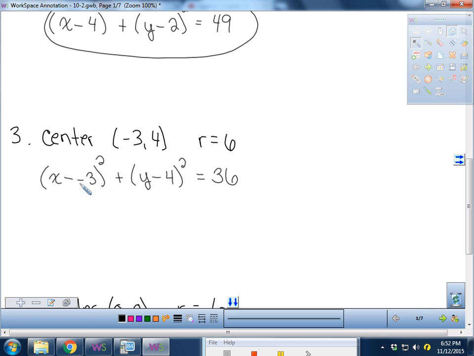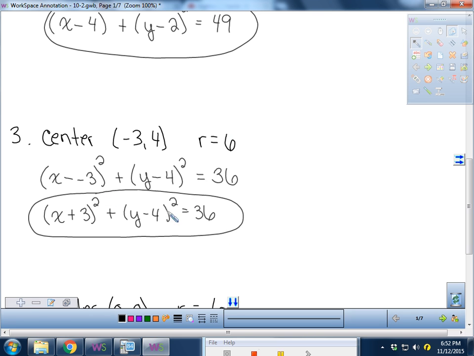This is a double negative. That becomes a positive. So this would be x plus 3 squared plus y minus 4 squared equals 36.